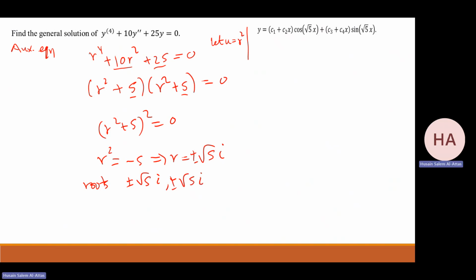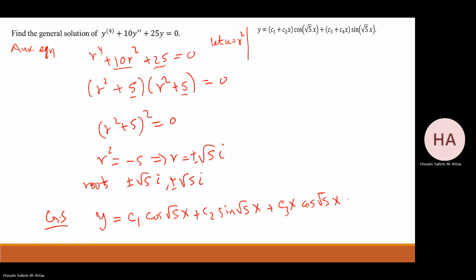So the general solution: y will be C1 cosine square root of 5x plus C2 sine square root of 5x, plus, this is repeated, I need C3x cosine square root of 5x plus C4x sine square root of 5x.